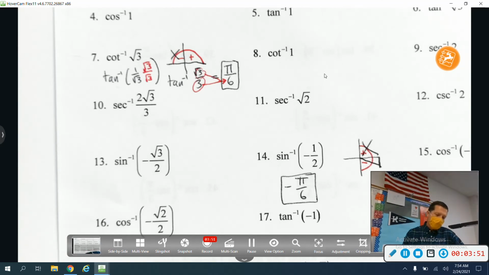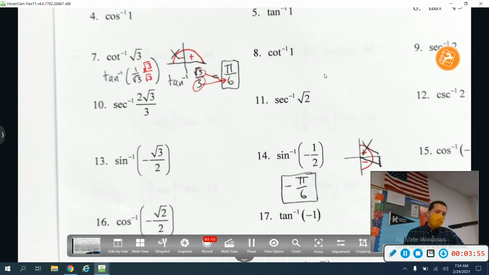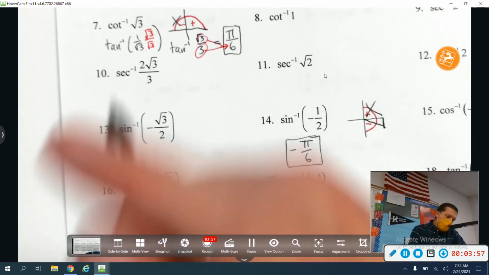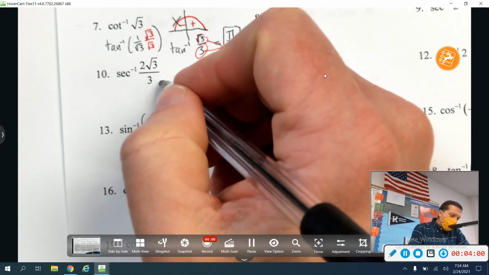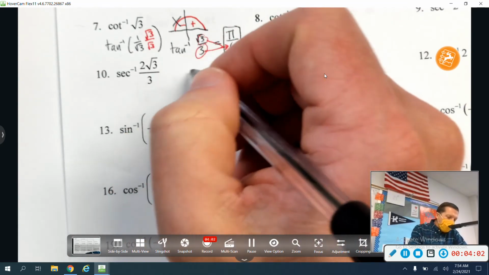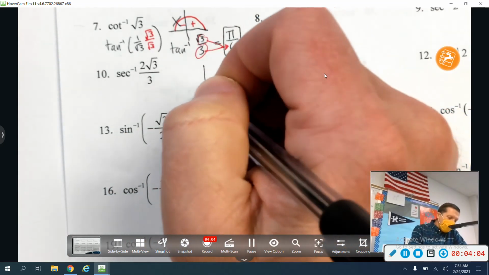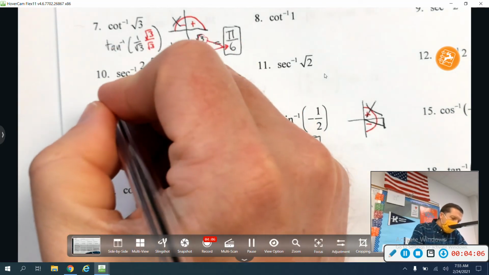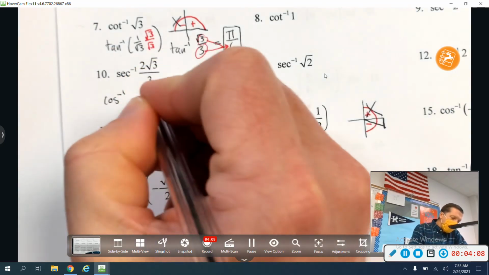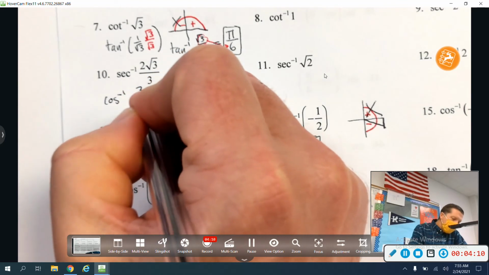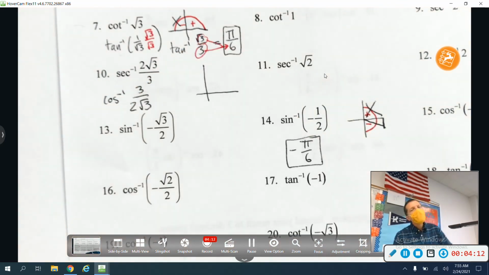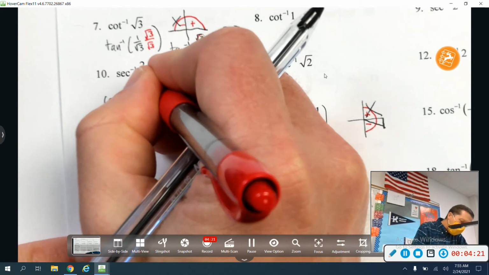What else? Secant, cosecant? 10. Which one? 10, secant. Okay, secant, you know what? Let's skip to it's positive, so it's got to be coming from the first quadrant. I don't think about secant, I'd rather think about cosine. So let's flip it over. That doesn't look good, right? That doesn't look like a unit circle value, but I need to fix it.